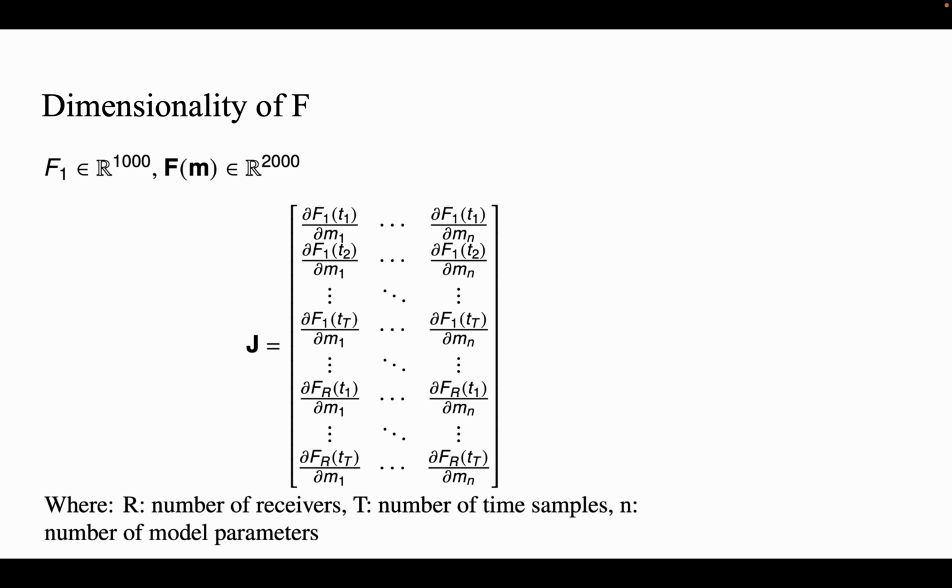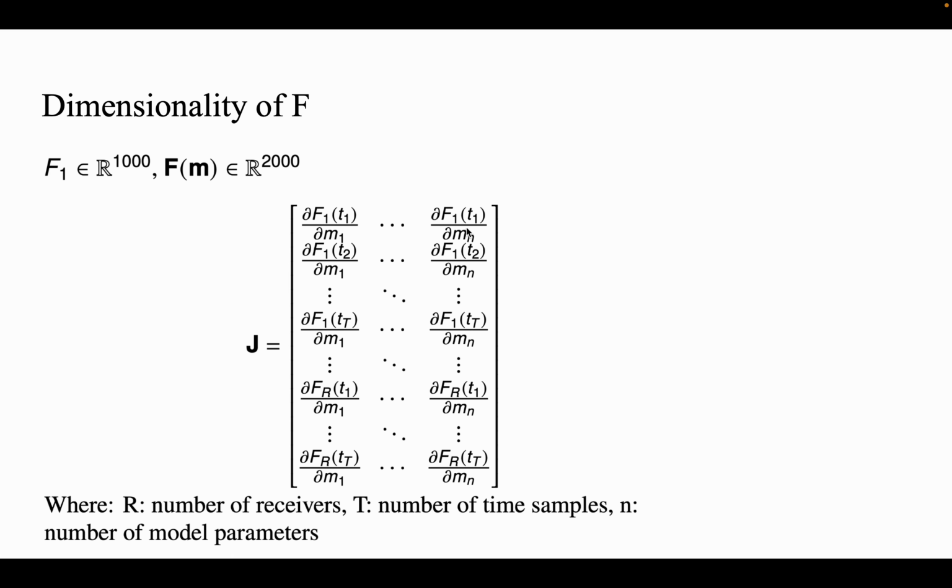Now, the Jacobian is basically the differentiation of the variable f with respect to the model parameters, right? Let's say I have n model parameters, or n layers, small n. What I'm going to do is take the first sample, take a derivative with respect to model 1, and then again with respect to model 2, model 3, model 4, and so on.